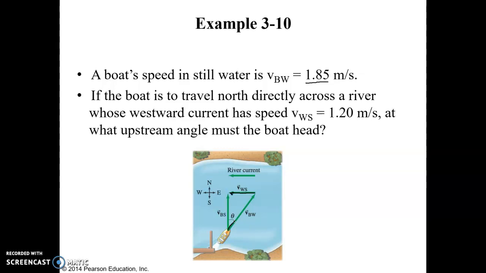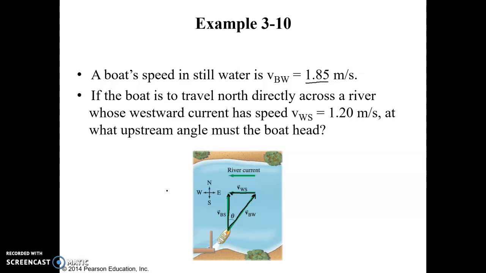So he wants his velocity to be such that when combined with the velocity of the water with respect to the shore, he will end up going directly across the river, which, if this is like a ferry boat, for instance, is the shortest, most direct route it wants to take. It wants to get straight to the other side, therefore it needs to aim upstream. And at full out throttle, it's going to be 1.85 meters per second.